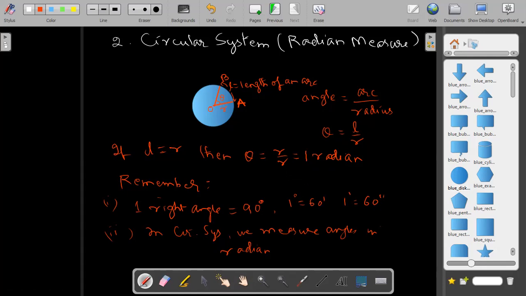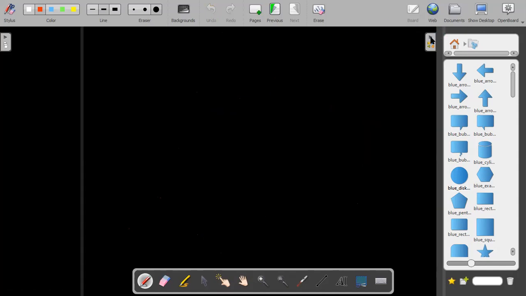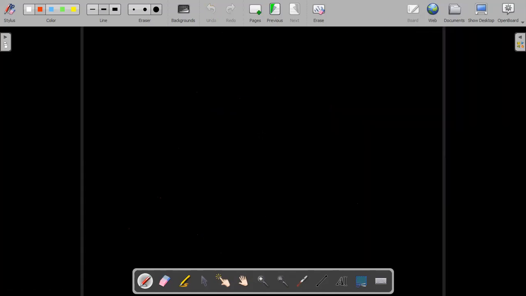Generally we write radians in terms of pi. You have seen pi in other classes, up to 10th class, pi is equal to 22 upon 7, but here the value of pi is 180 degrees. So you should remember this relation, it will be used.